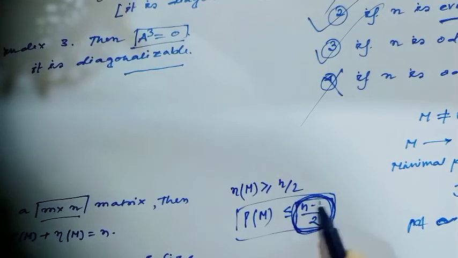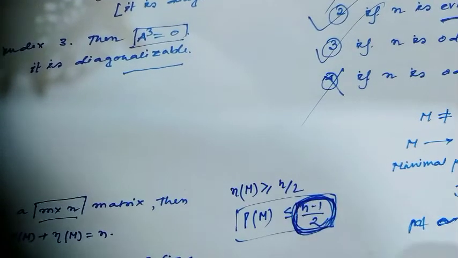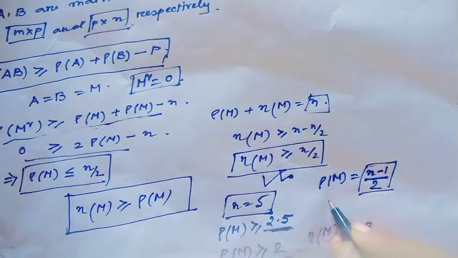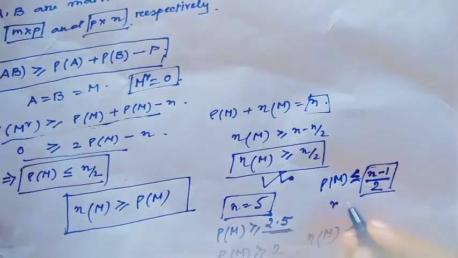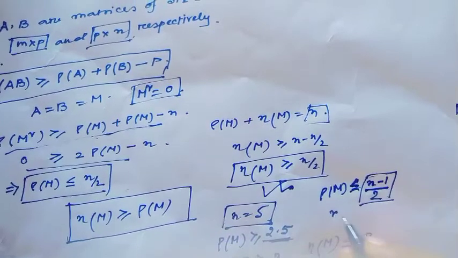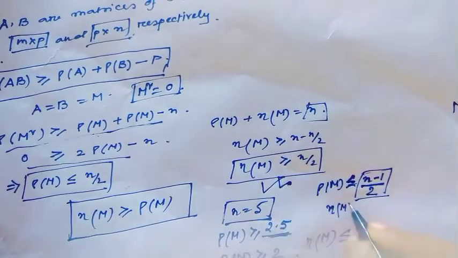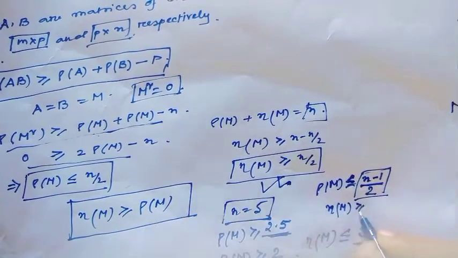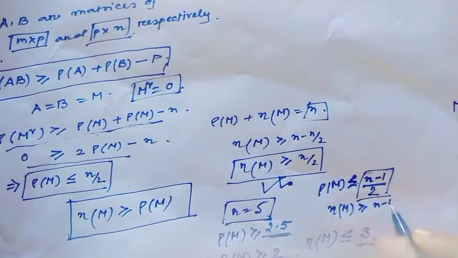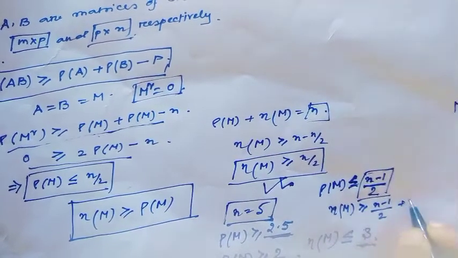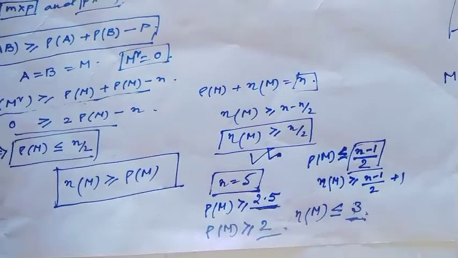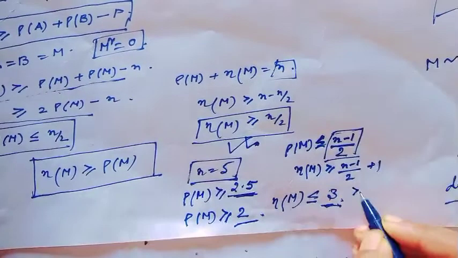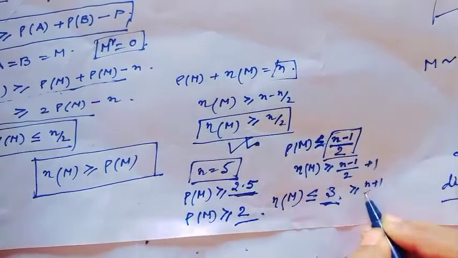So this reduces to an integer, and then rank is less than or equal to n minus 1 over 2. Then nullity of M would always be greater than or equal to n minus 1 over 2 plus 1. Nullity would always be greater than or equal to this type. From this line, this would be n plus 1 over 2.